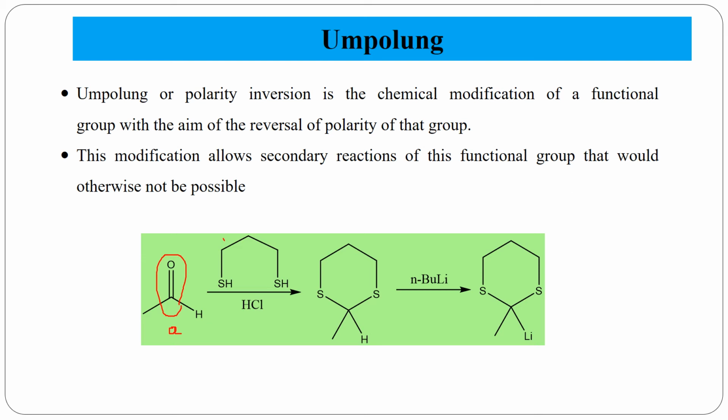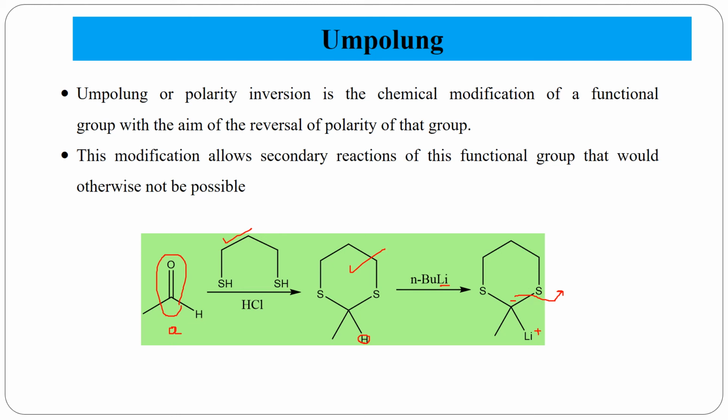When it reacts with thiol in the presence of HCl, dithiane is formed. Here is the dithiane in the presence of n-butyl lithium. This lithium hydrogen exchange takes place, and the lithium gets a positive charge and this carbon gets a negative charge. Now this carbon can behave as a donor, which was an acceptor at the start of this reaction.